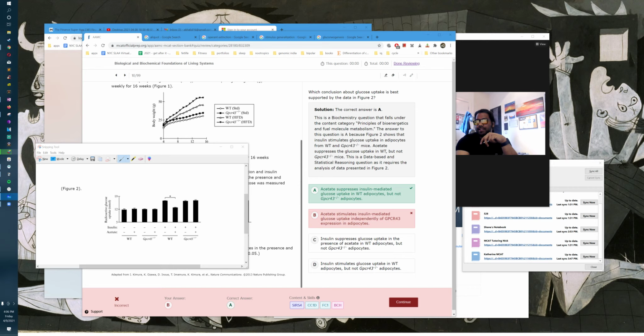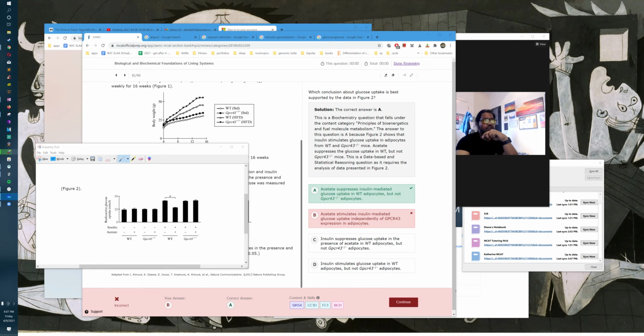So even though it's a tiny increase, it's really the same. These two bars are equal, these two bars are equal, because of the error bars. If there is any overlapping of the error bars, then there's no significant difference.